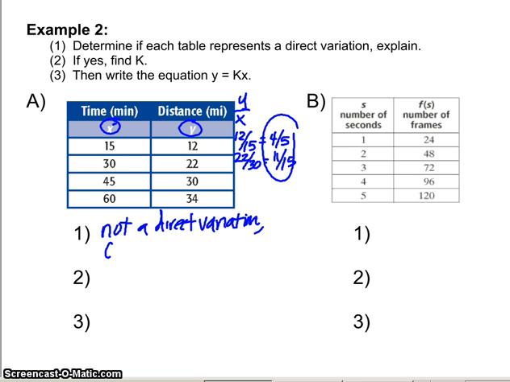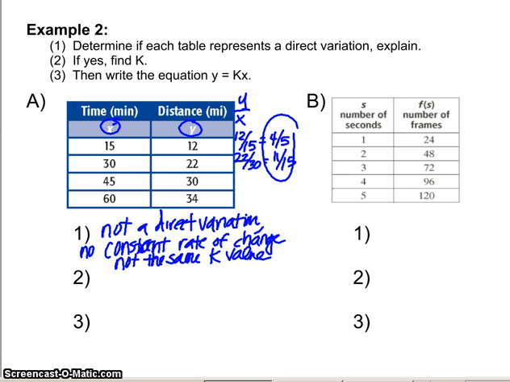Because there's no constant rate of change. In other words, it is not the same k value. So again, looking at information, step number 1, we're going to find our k values.